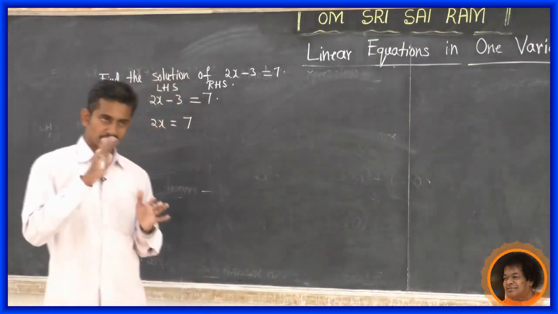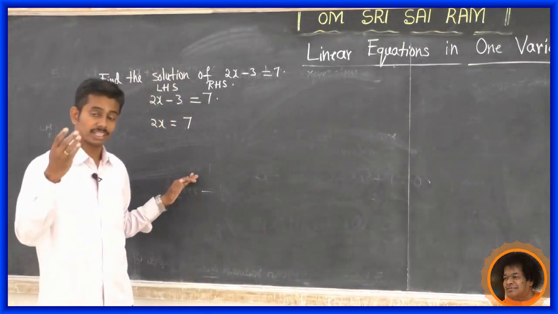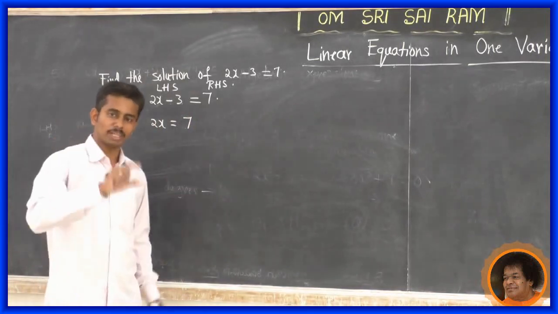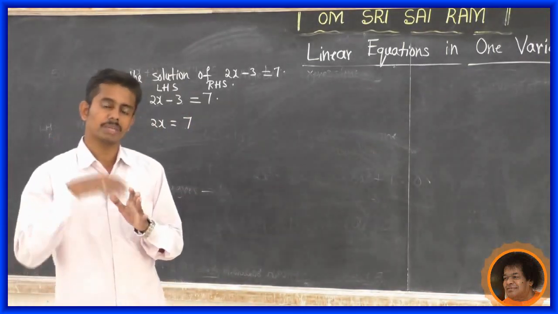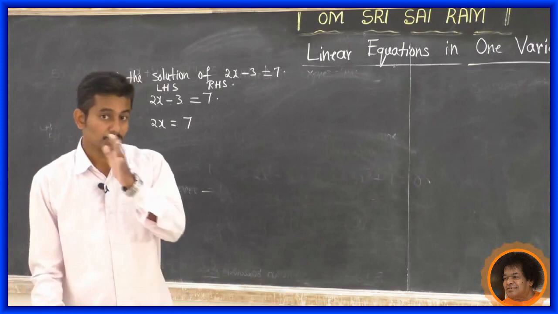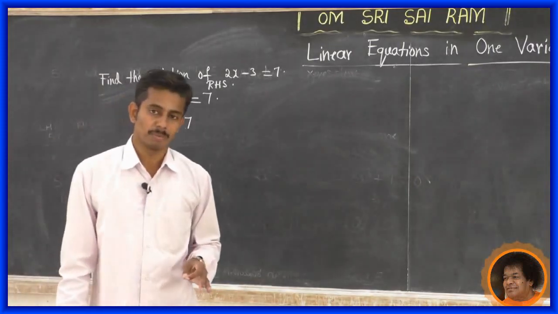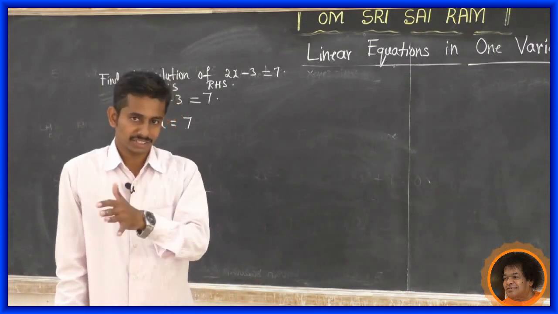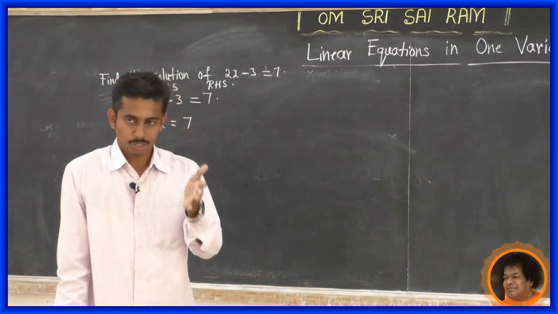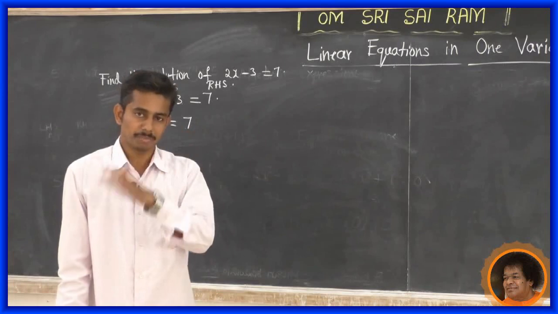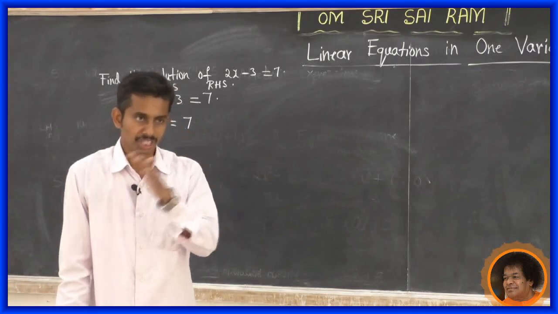Addition becomes subtraction, subtraction becomes addition, multiplication becomes division, division becomes multiplication. This is the rule. What is the rule? While transposing any term from one side to another side, subtraction becomes addition, addition becomes subtraction, multiplication becomes division, division becomes multiplication.